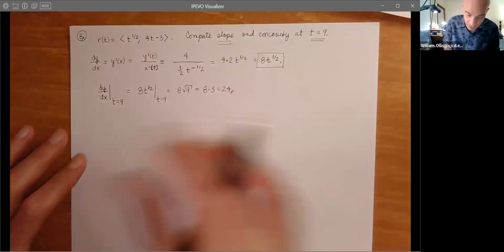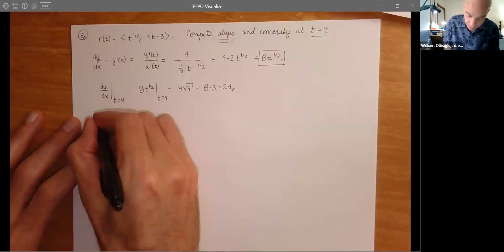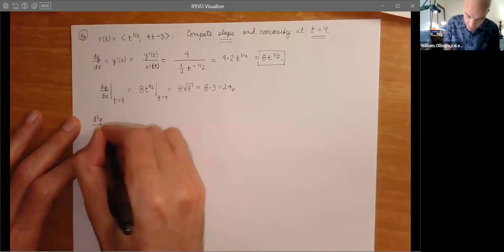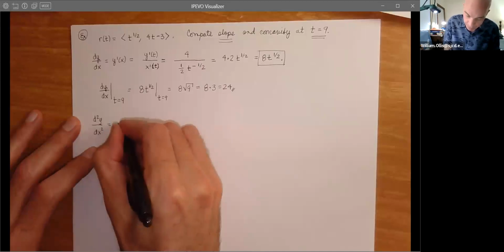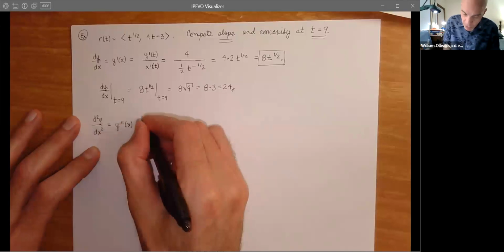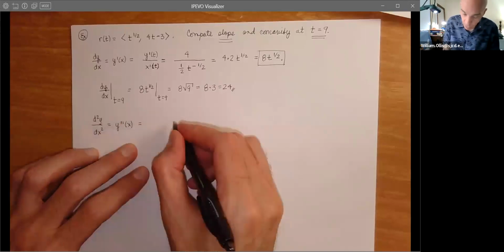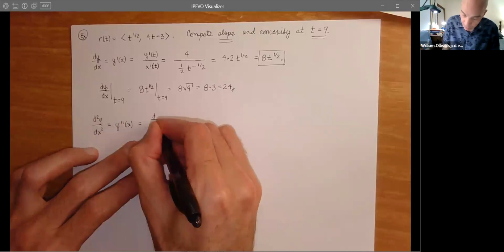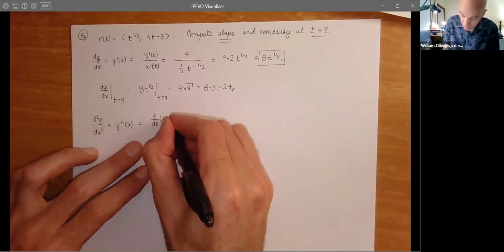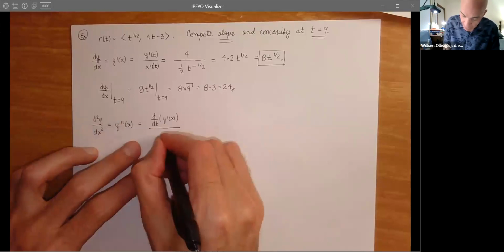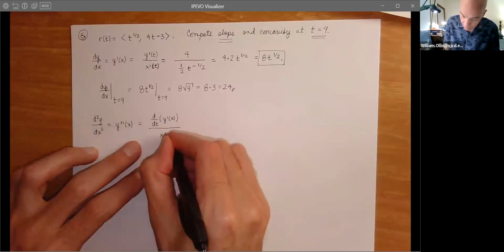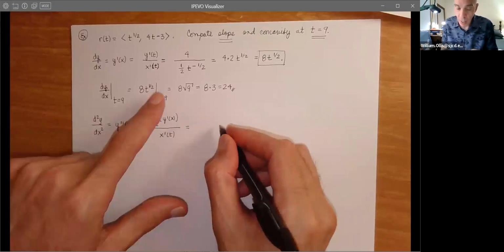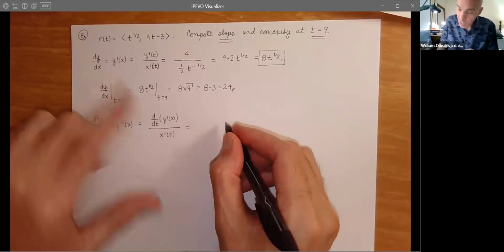Now, let's look at the second Cartesian derivative. So this is y double prime. Let's recall from the theorem, we have to take the t derivative of y prime divided by x prime. Well, we just computed y prime, and that's right here.